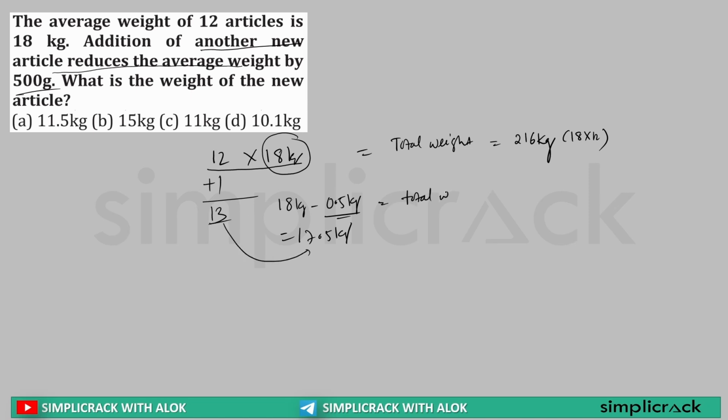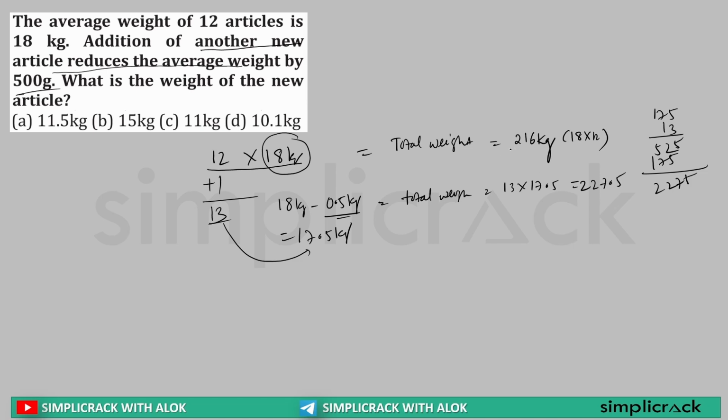So sir, total weight is equal to 13 into 17.5, which is equal to what? Sir, we can multiply 175 by 13. 3 5s are 15, 1 7 3 51, 52, 175, 5 7 22. So it is, sir, 227.5. Clear? Yes, sir, clear.